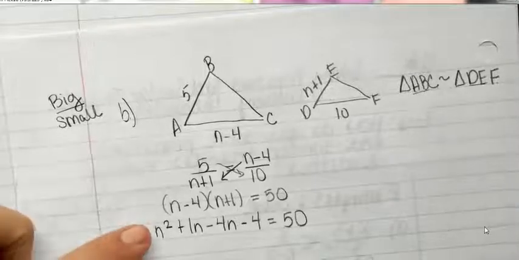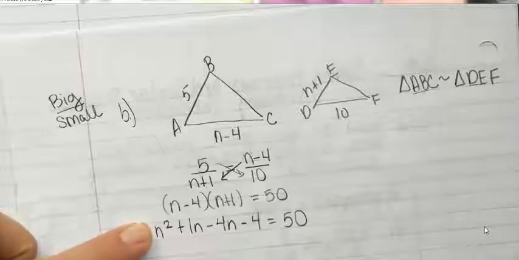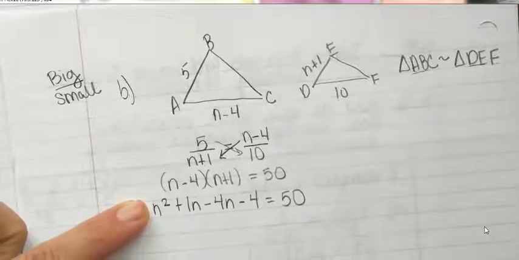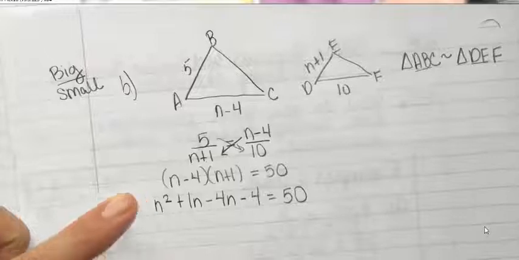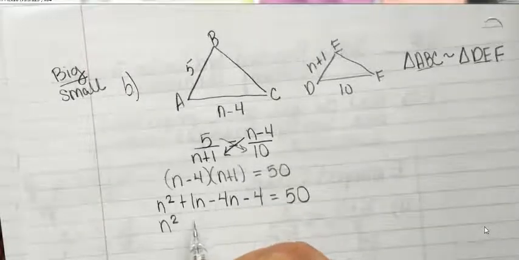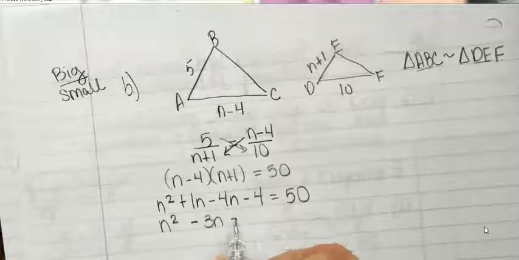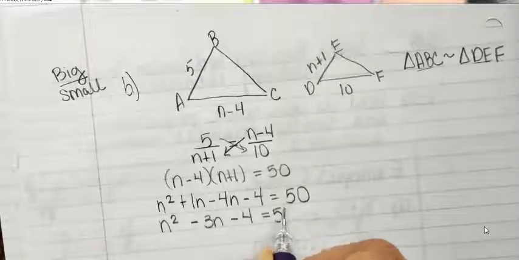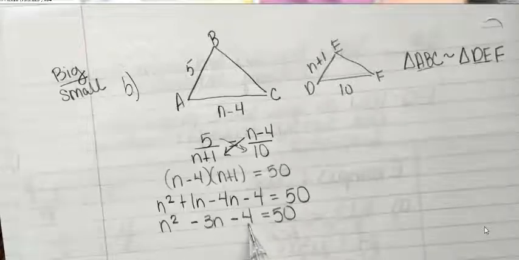I'm noticing I've got a quadratic here, and the only way to solve a quadratic is to put it in standard form. Okay, so I'm going to go ahead and simplify. And then to put it in standard form, I'll move that 50 over. So I'm going to subtract 50 from both sides.